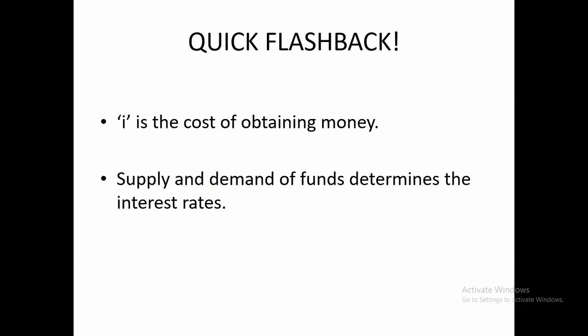So it totally depends upon many factors like investment opportunities, availability of funds, and the development of your financial structure. So many things affect your supply and demand of funds. On the basis of this, you determine your interest rate.